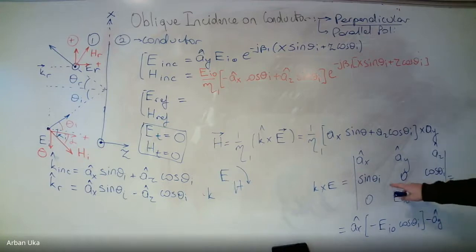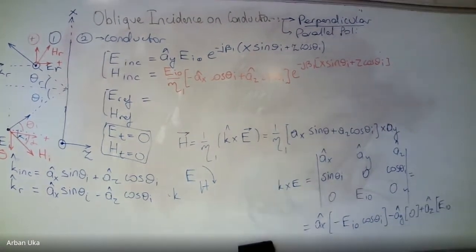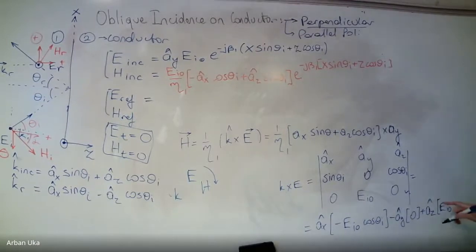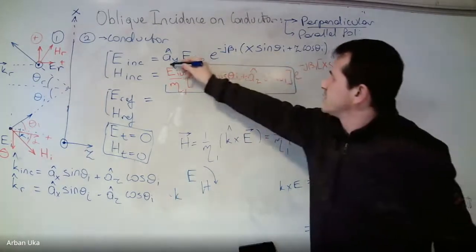When we say minus AY, we get what? 0 minus 0, this is a simple 0, plus AZ, and here in AZ, we get simply EI0 times what is left, sine theta I. So we can factor out the common terms, which is EI0, and we can easily observe that this expression is exactly what we got before.